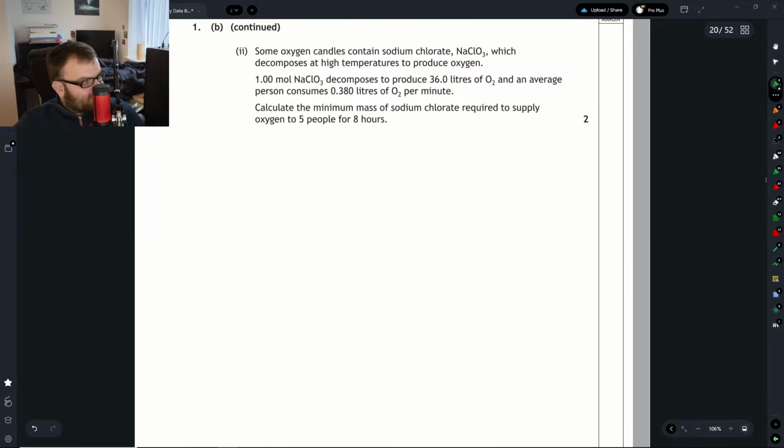Next up, got lots of numbers floating around. We need to try and come up with the minimum mass of sodium chlorate required to supply oxygen to 5 people for 8 hours. Right, I'm going to do with the average person first of all. So they take 0.38 litres per minute.